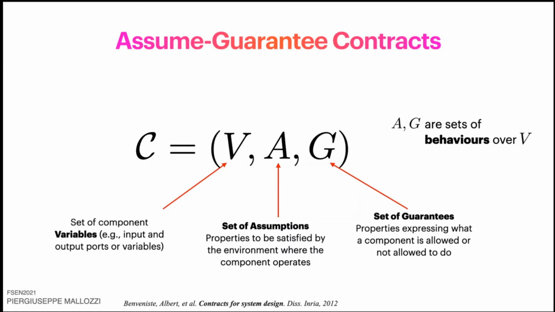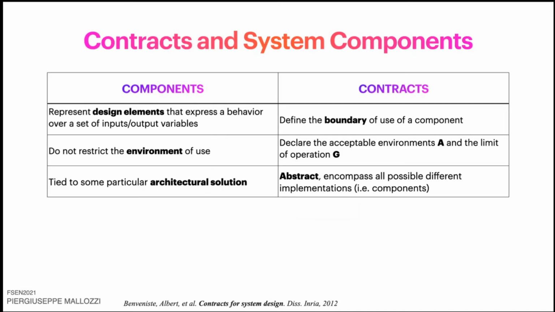So what are these system components? What is the relationship with the contract? On one hand, the components represent the design elements that express the behaviors over the variables that we have in our systems. On the other hand, the contract encapsulates all possible behaviors, so it defines a boundary within which we can use that component.